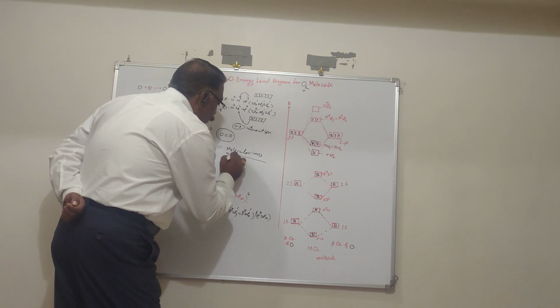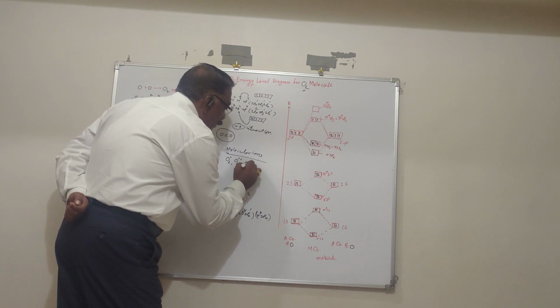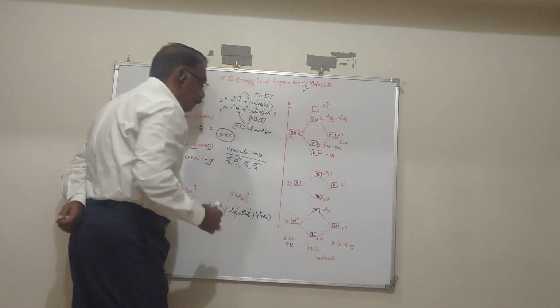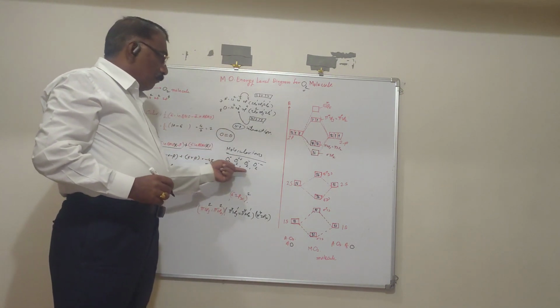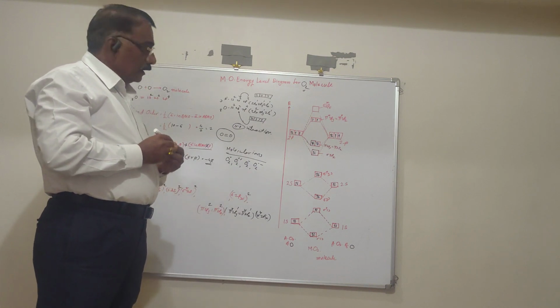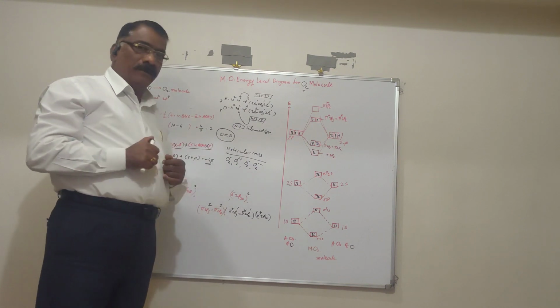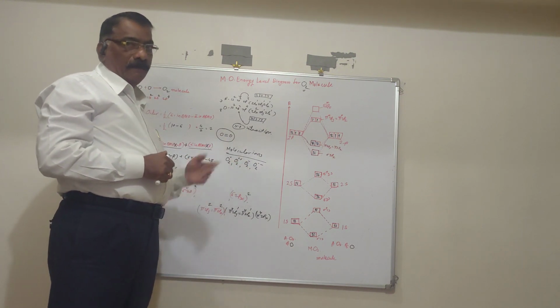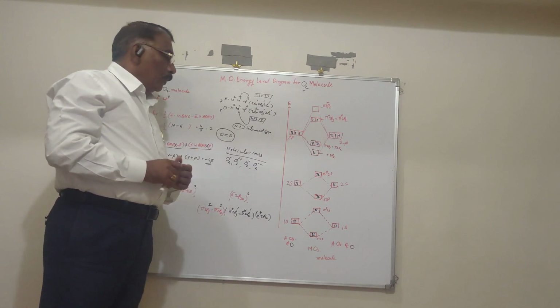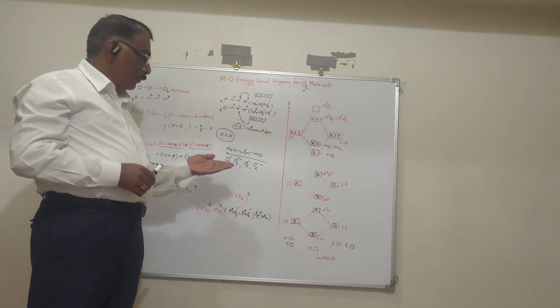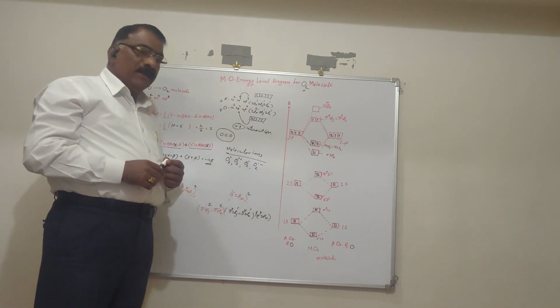It can form O2 plus, O2 2 plus, O2 1 minus and O2 2 minus. These molecular ions have different energy level diagrams, and their properties will change. We are going to compare these molecular ions of O2 with the O2 molecule. In the next lecture, we are going to see particularly the comparison of O2 plus.